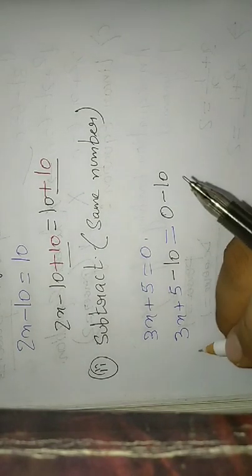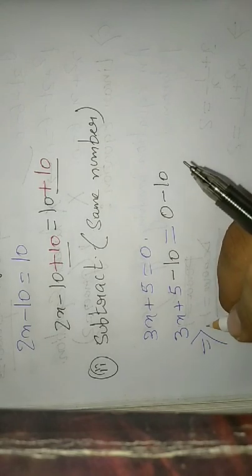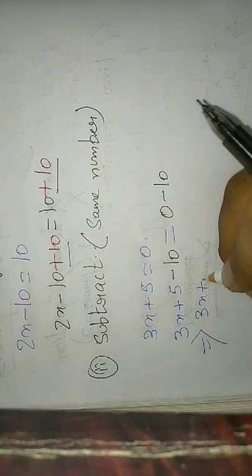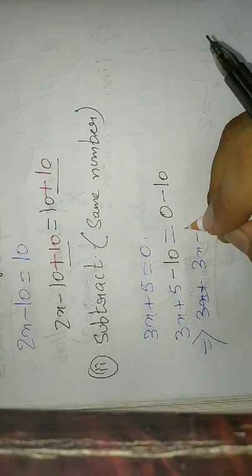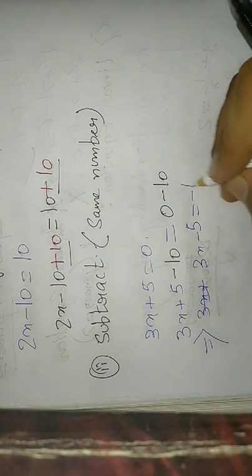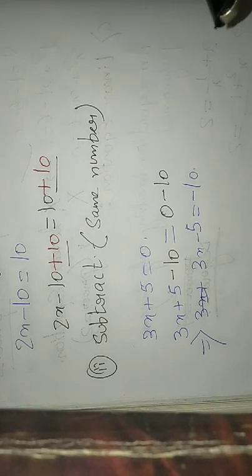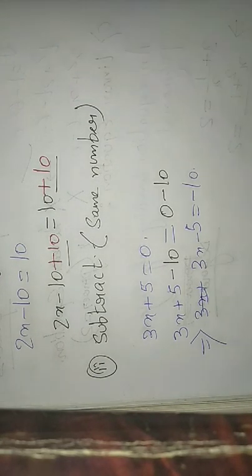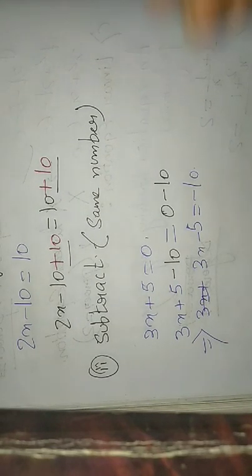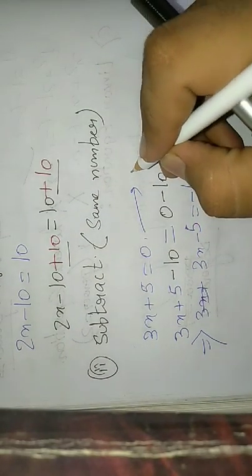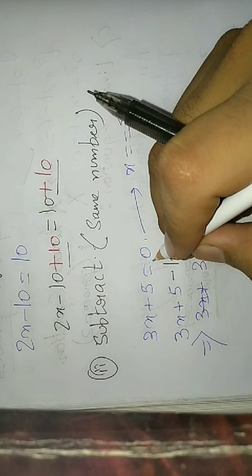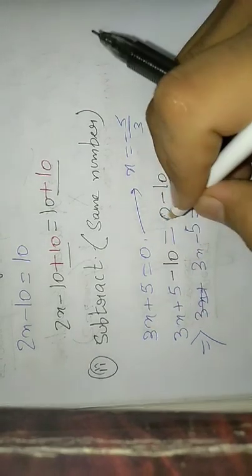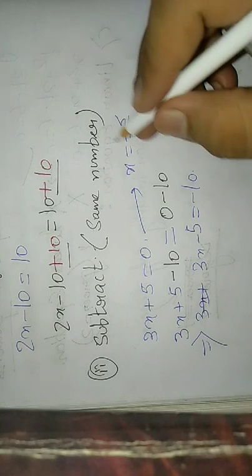So 3x plus 5 minus 10 is 3x minus 5, is equal to minus 10. This is your new equation, but the value of the equation didn't change. What was the root? x equal to minus 5 by 3. Plus 5 will come on this side, so it's minus 5, and 3 will come down when we isolate x. So x equal to minus 5 by 3.